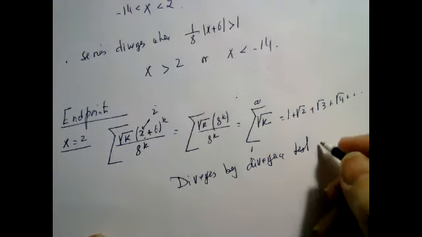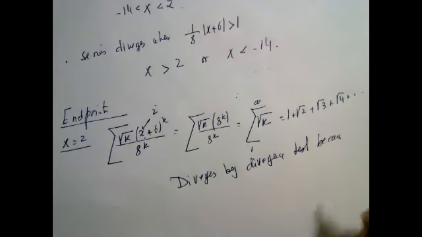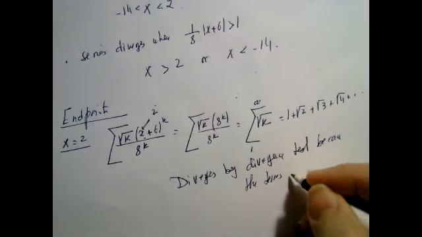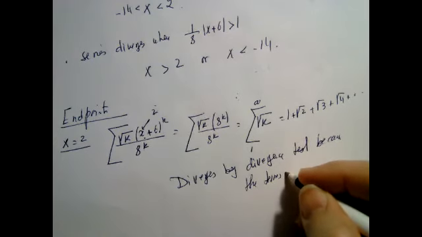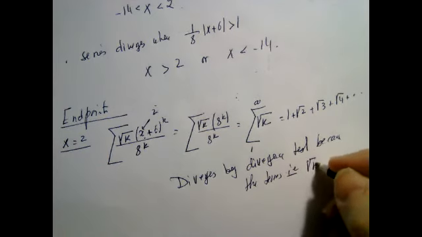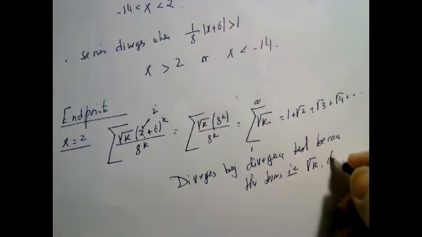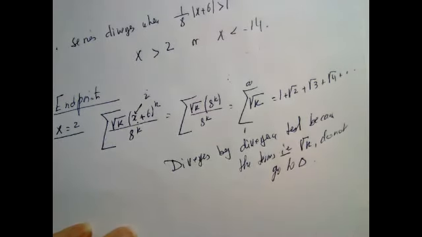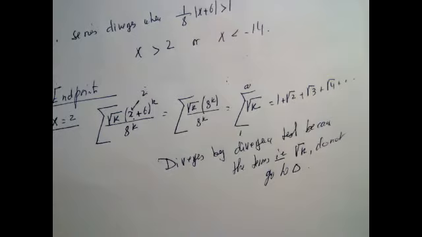Because the terms don't go to 0. The terms, not the sum. The terms, which means the square root of k, don't go to 0. So the terms are really becoming very big.